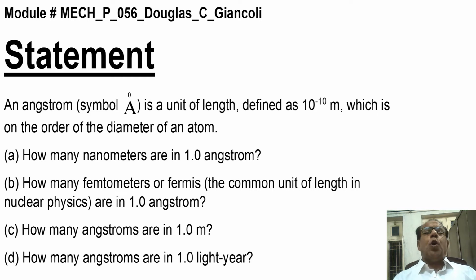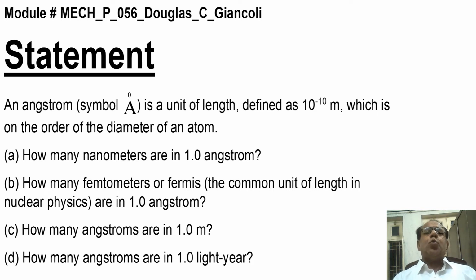An angstrom symbol, A naught. Dear students, this symbol has been typed in MathType software because here naught, which is 0, is written exactly above A. It is not superscript right-handed and it is not superscript left-handed.